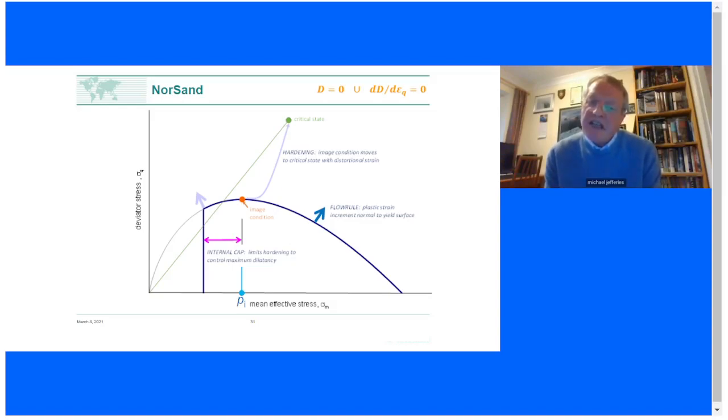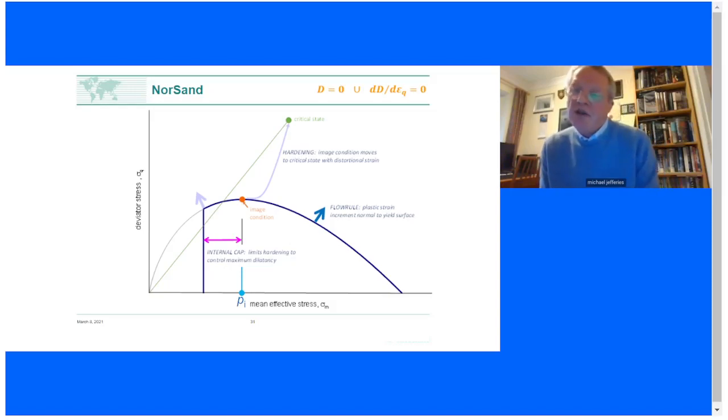The big difference is I'm not going to have my yield surface intersect the critical state. From what I've shown from the CPT data, we've got a range of yield surfaces. So they're all going to have different orange dots. And this orange dot, the critical state, actually has two conditions, shown on the top of the slide in orange.